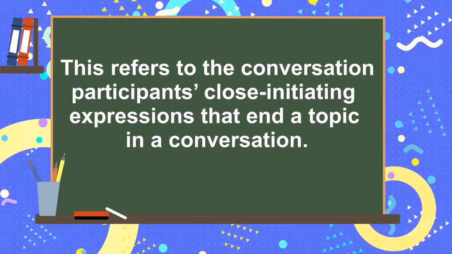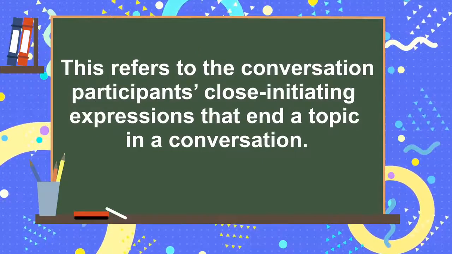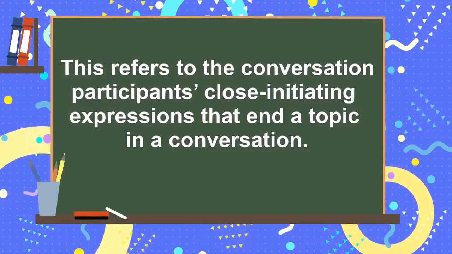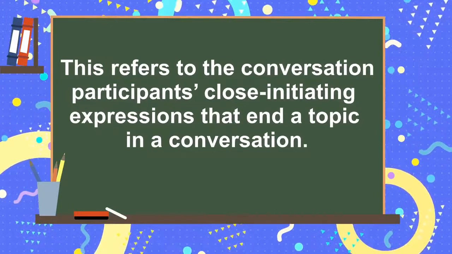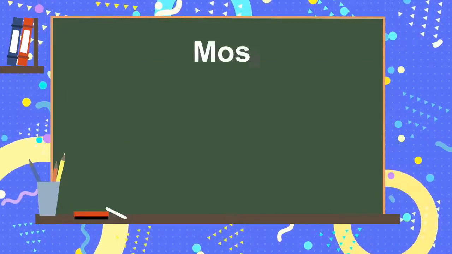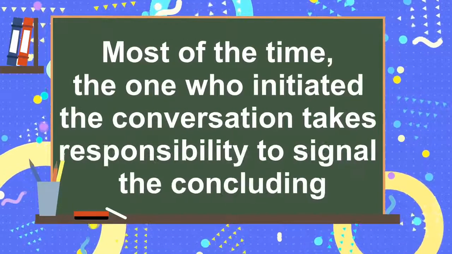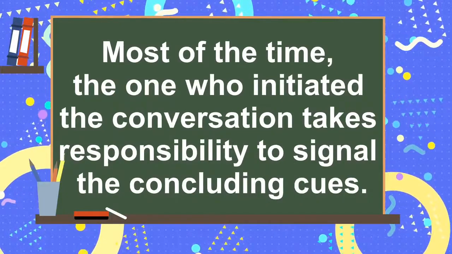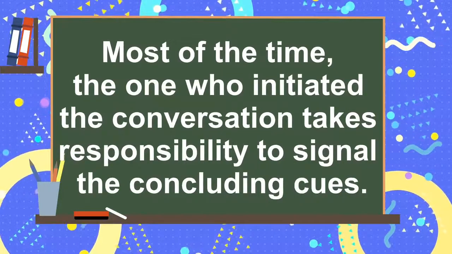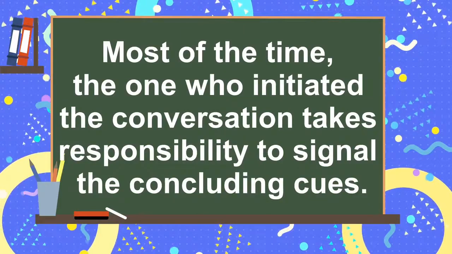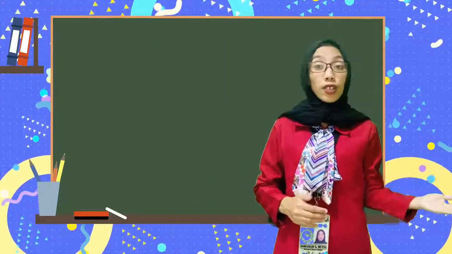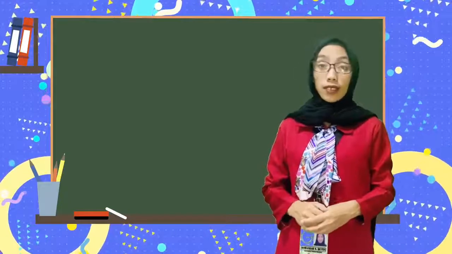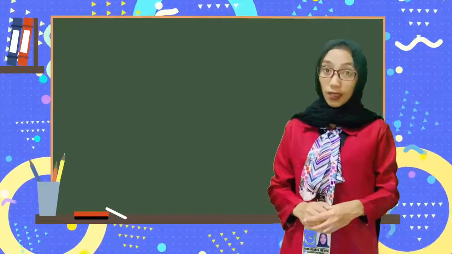This refers to the conversation participants' close-initiating expressions that end a topic in a conversation. Most of the time, the one who initiated the conversation takes responsibility to signal the concluding cues. You can do this by sharing what you learned and completing the discussion of the topic.